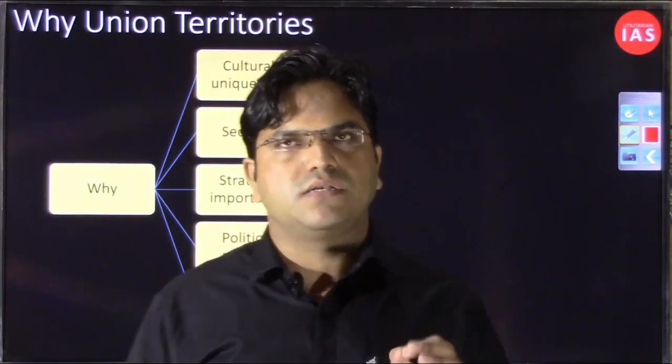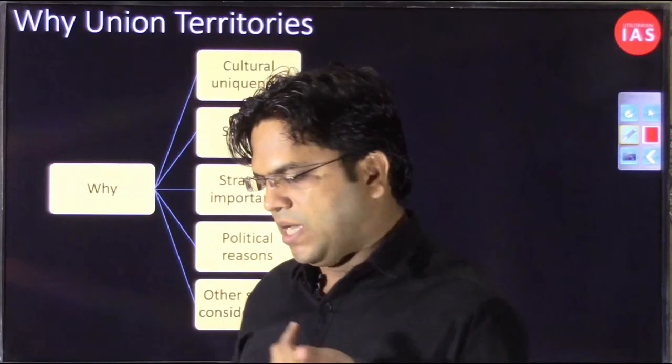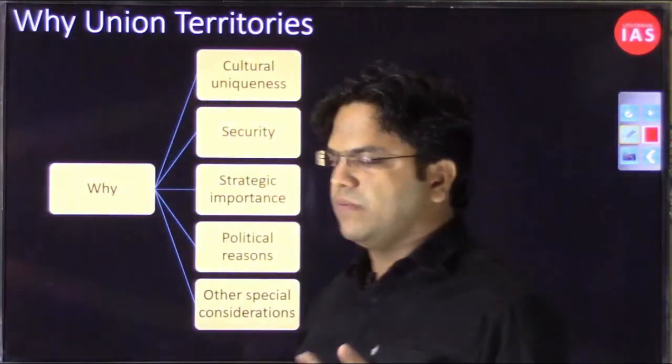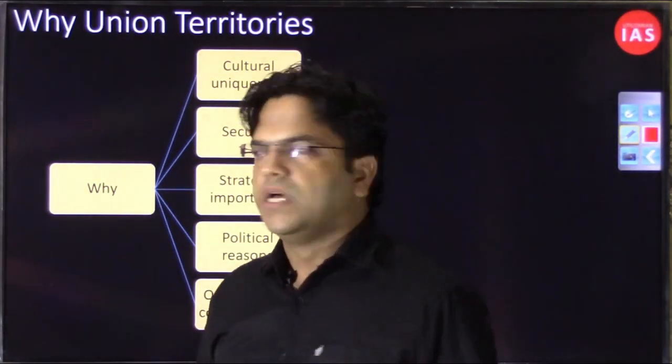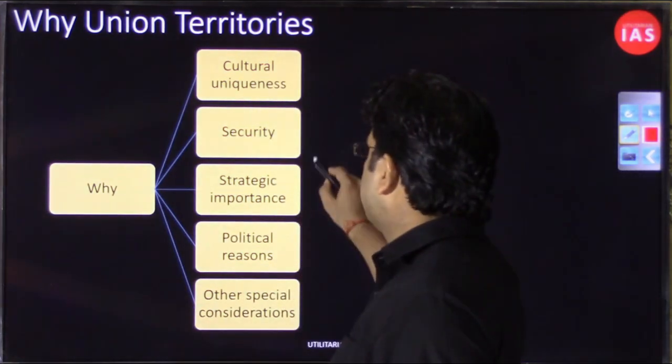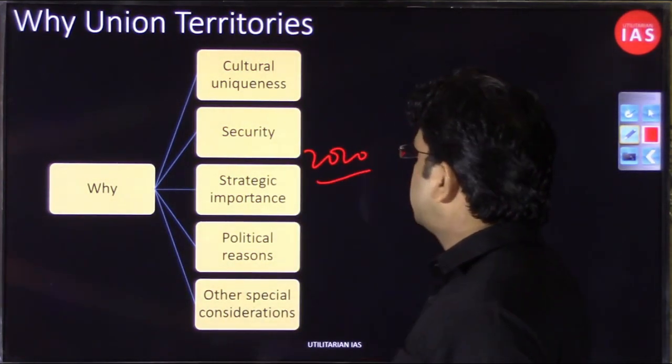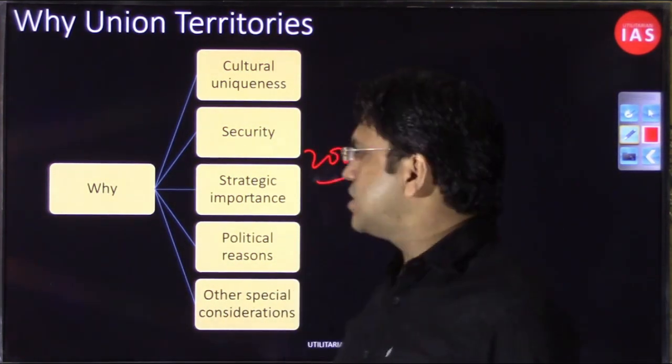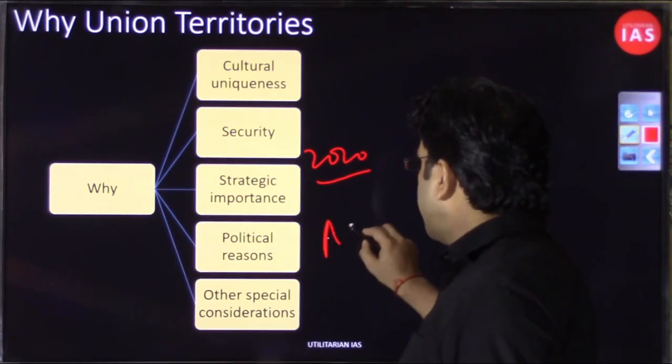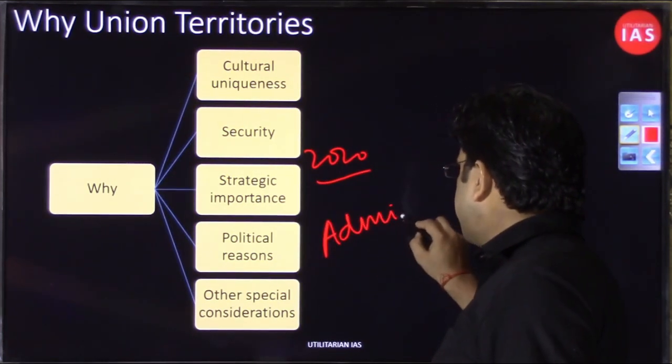So let us pick the most recent case, the merger of Dadra and Nagar Haveli and Daman and Diu. The merger was effected in January of this year itself, that is 2020, right? So let us try to understand the justification. The justification behind the merger is administrative convenience.